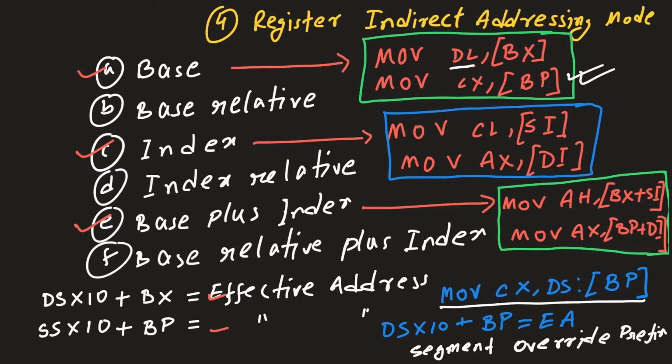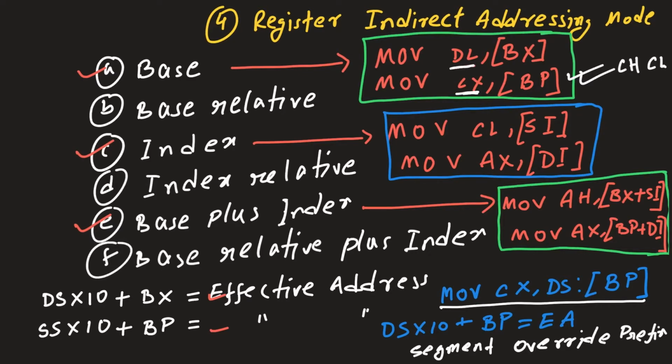But in the second instruction, the destination register is a 16-bit register. So the content of the location pointed out by BP will be transferred to register CL, and the content of the next memory location will be transferred to the register CH.